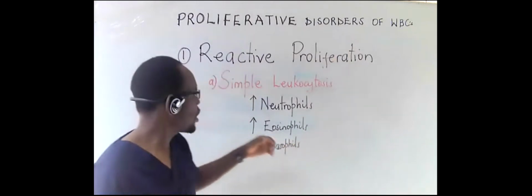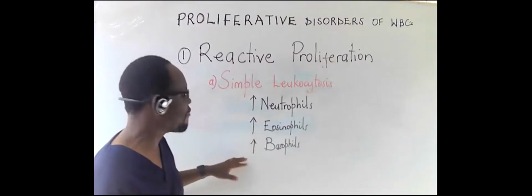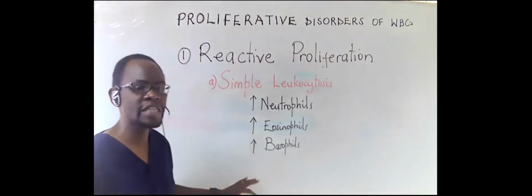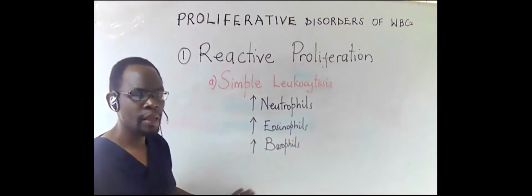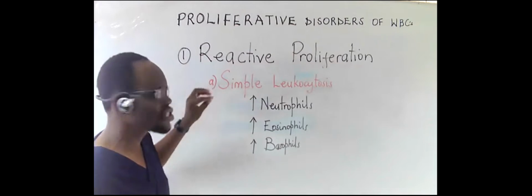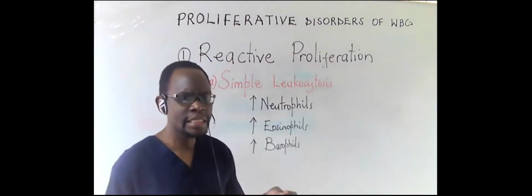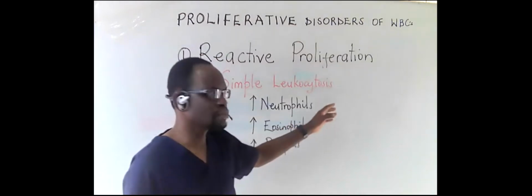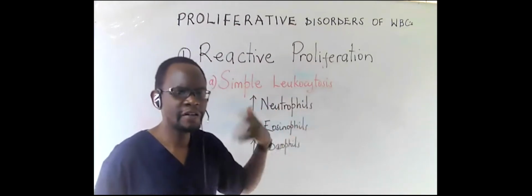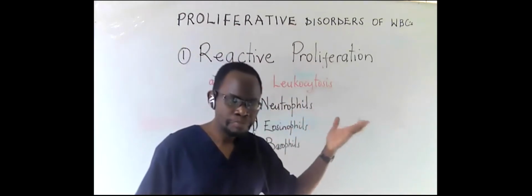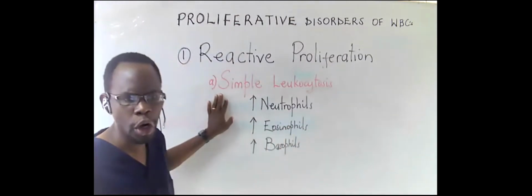So you can have a neutrophilia, an eosinophilia, a basophilia, a lymphocytosis, a monocytosis, as long as the number of white blood cells has not increased so much, maybe to about 15,000 or 16,000. We refer to that as a simple leukocytosis.